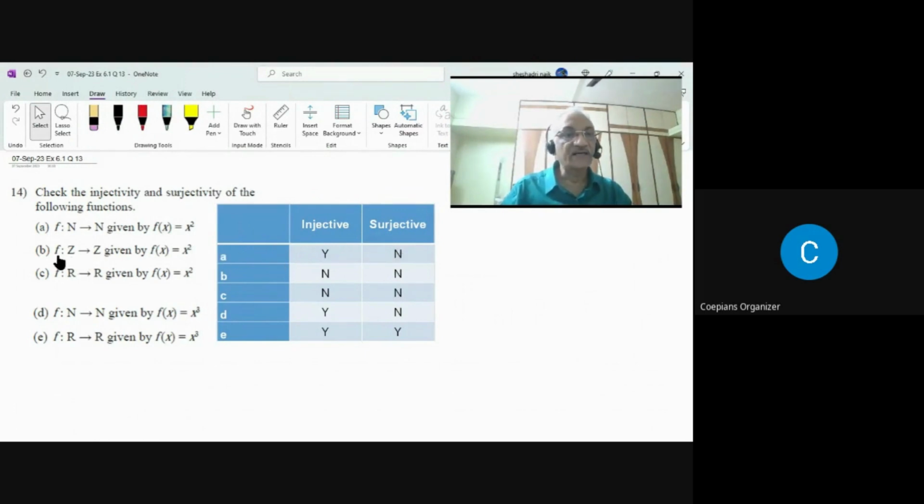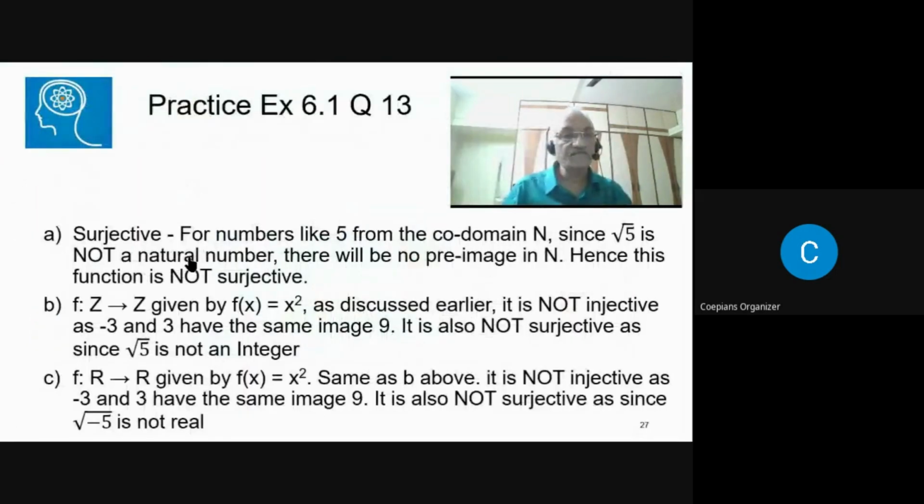Let's look at the second one, which is defined from integers to integers, given by the same f of x is equal to x square. Let's see whether this function is injective and surjective. As discussed earlier, minus 3 and plus 3 will both have the same image, which is 9, in the codomain.